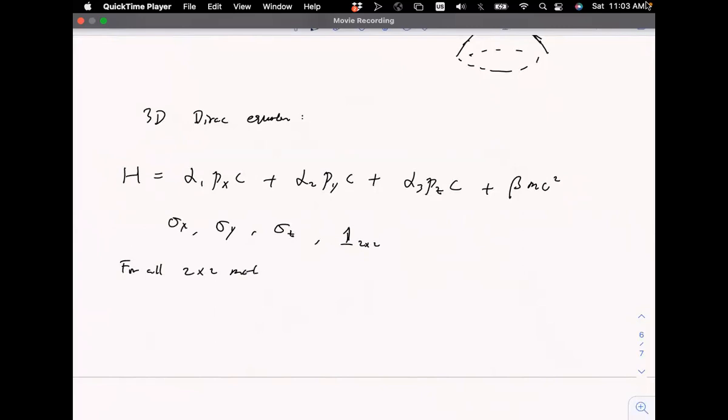For all 2x2 matrices, let's say A, they can all be expanded into a linear combination of A_1, A_2, A_3, and so on.